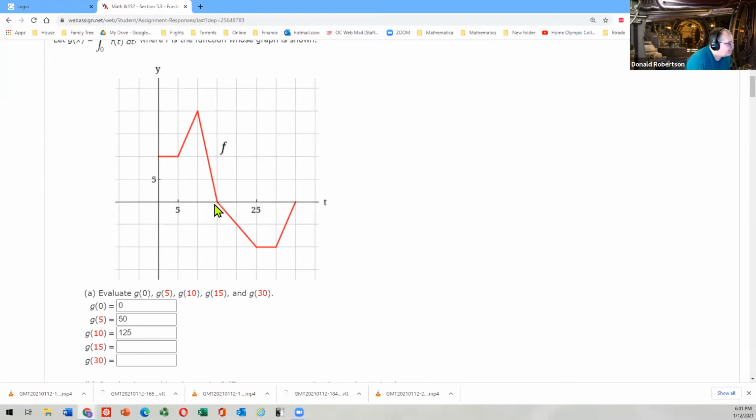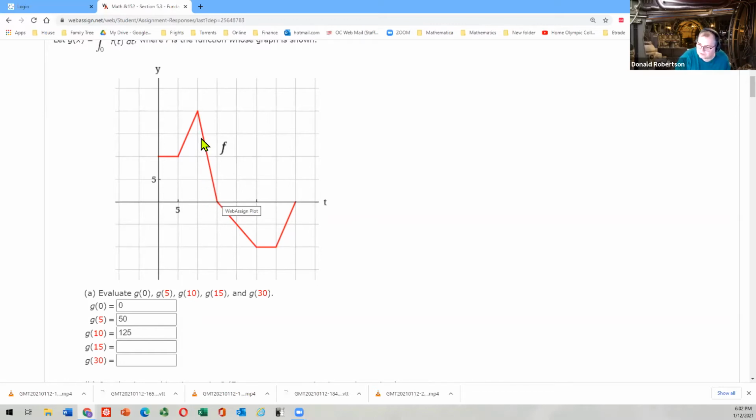Right, now 15 is there. The area function is the area under the curve from 0 to here, right? 0 to 15. I can think of lots of different ways to do this, but let's cheat. Don't we already know the answer from 0 to 10? So can't I just find this little triangle and add it on, and that would be the answer?